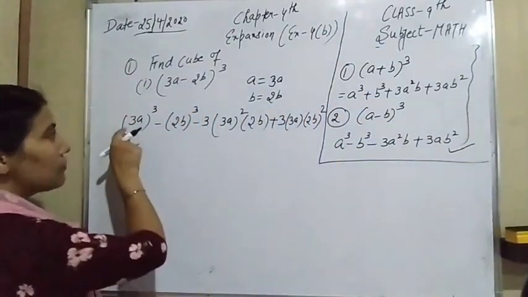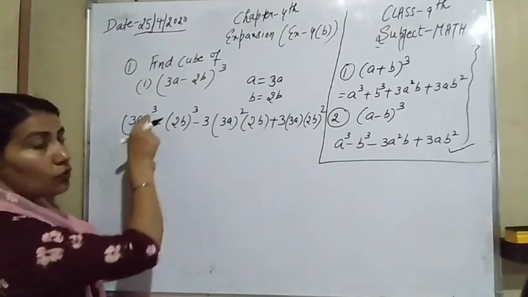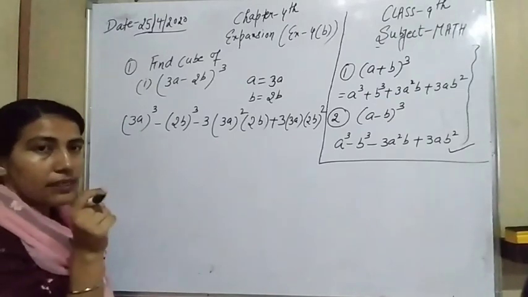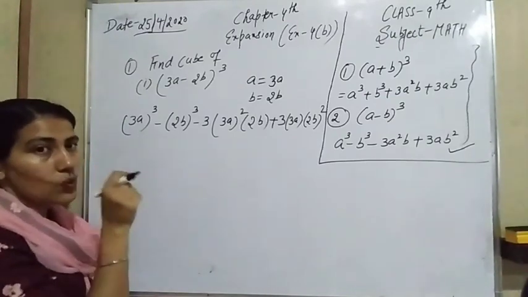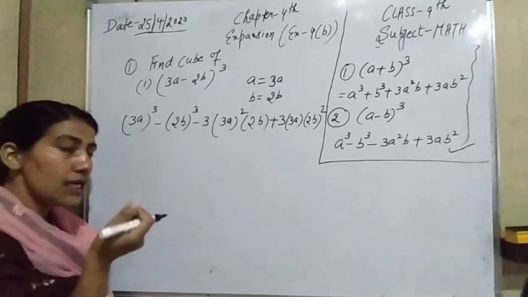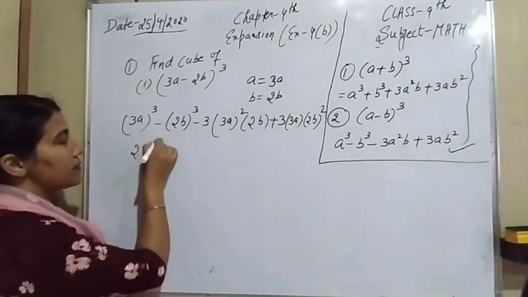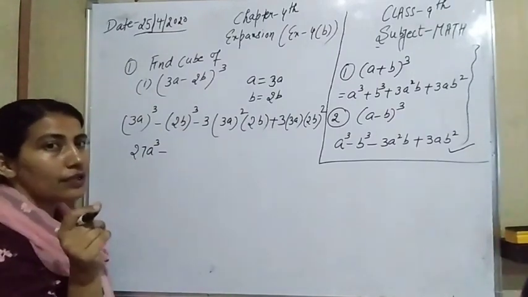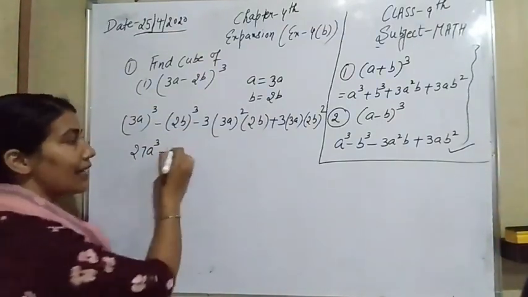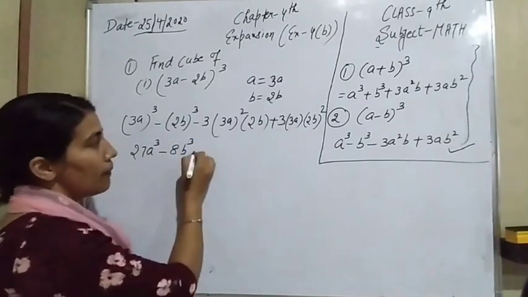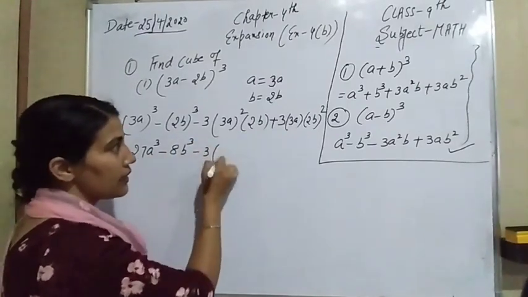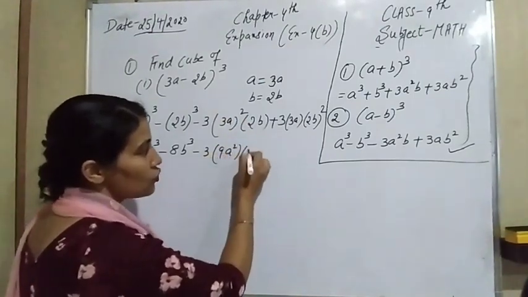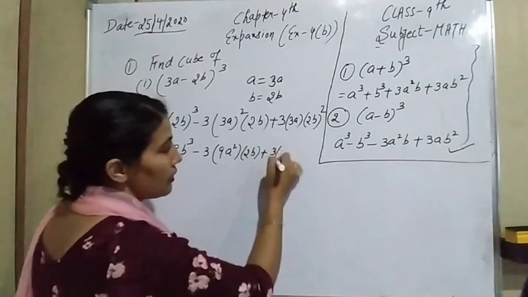Now after solving this, firstly here is (3a) cube. That means you have to do the cubing of 3 and a also. 3 cube means 3 multiply 3 multiply 3, that is 27. 3 3s are 9, 9 3s are 27, and a is a cube. After that 2 cube, that means 2 multiply 2 multiply 2, 2 2s are 4, 4 2s are 8, and b cube. Minus 3 as it is. Here is squaring, (3a) square, that is 3 3s are 9 a square. Here is 2b, plus 3a as it is.